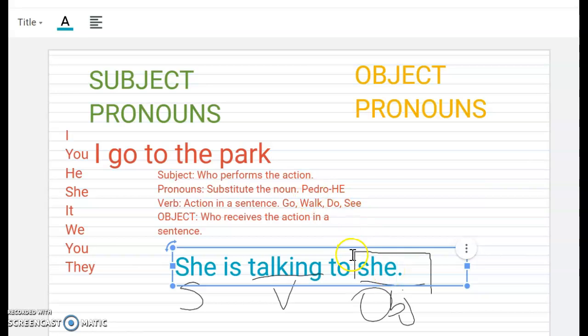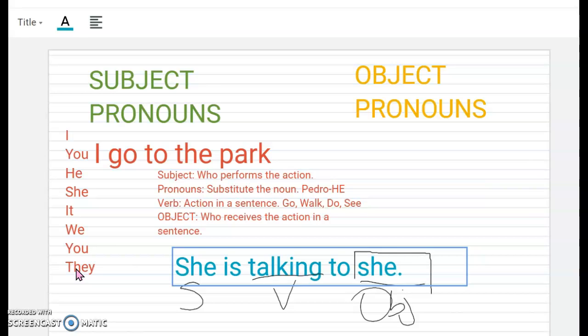Again, this is the object. So that is what we are going to see now, how we can substitute this name at the end of the sentence, how we can substitute this person receiving the action since we cannot use the subject pronouns. That's when we use the object.